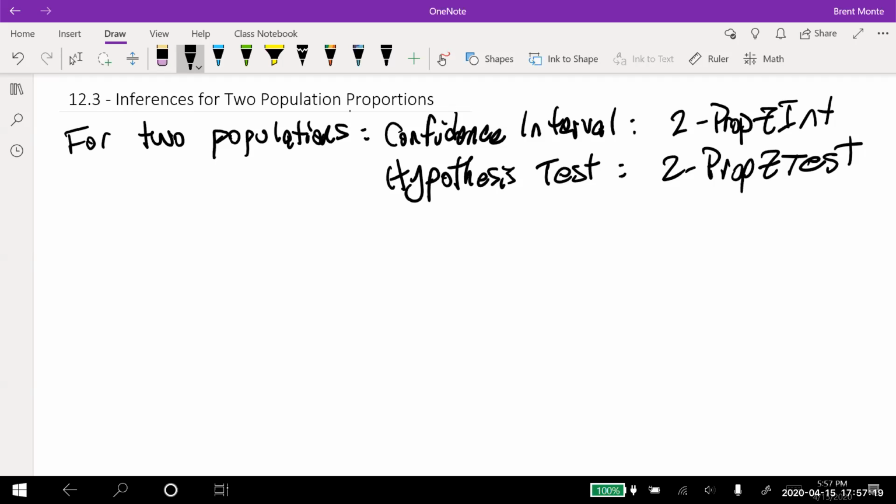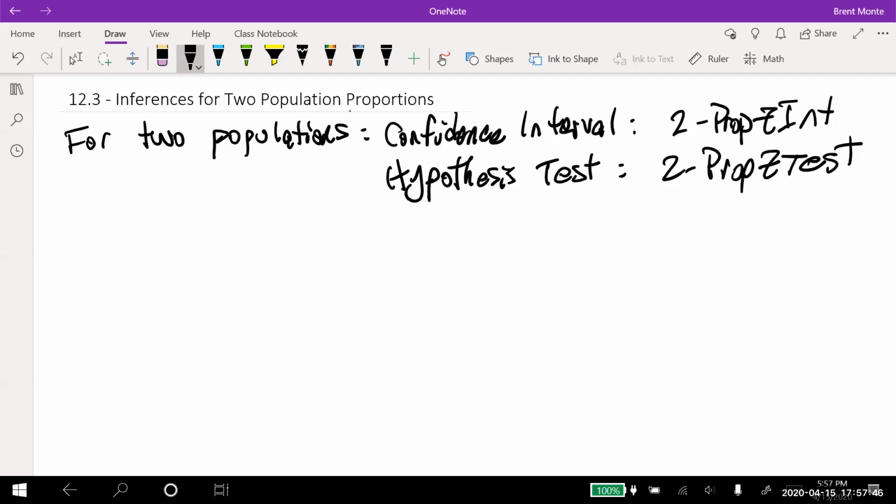And what I've picked out in 12.3 is, let's see if I can find it. There we go. What I'm going to do is a problem that has both a hypothesis test and a confidence interval in the same problem. So we'll be able to do both.